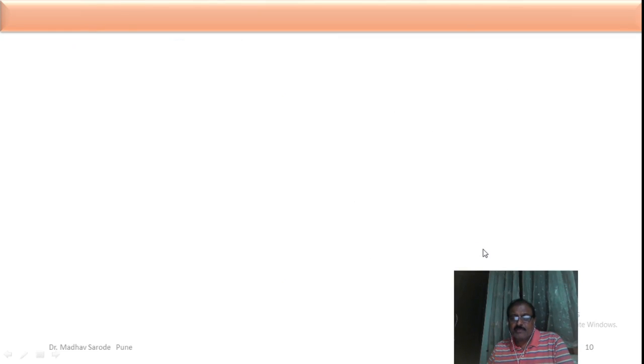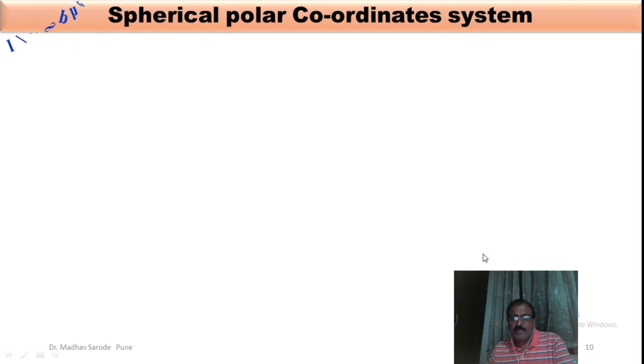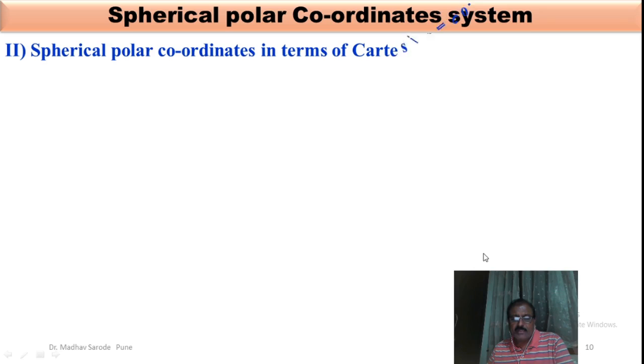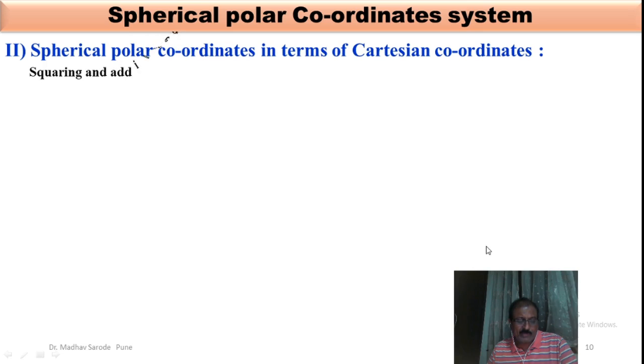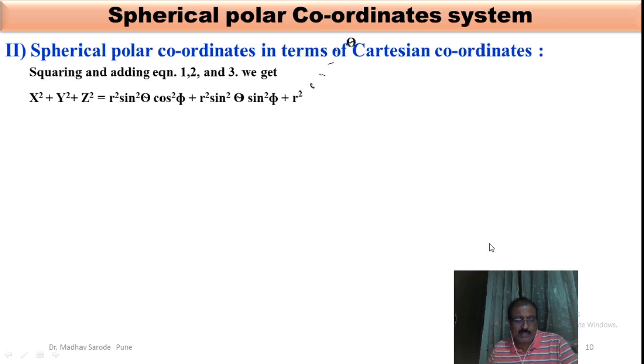Then squaring the first, second and third equations and adding them. Squaring x equals r sin theta cos phi, x square is r square sin square theta cos square phi. Similarly, y square is r square sin square theta sin square phi.